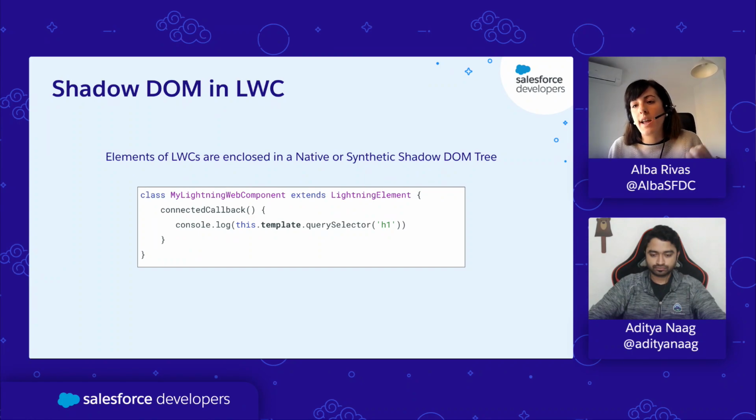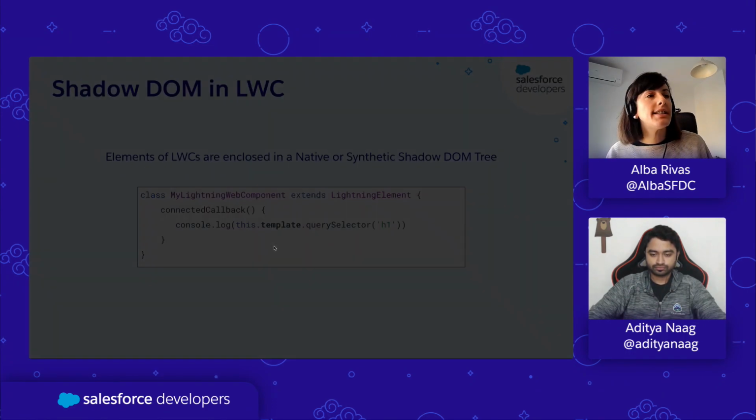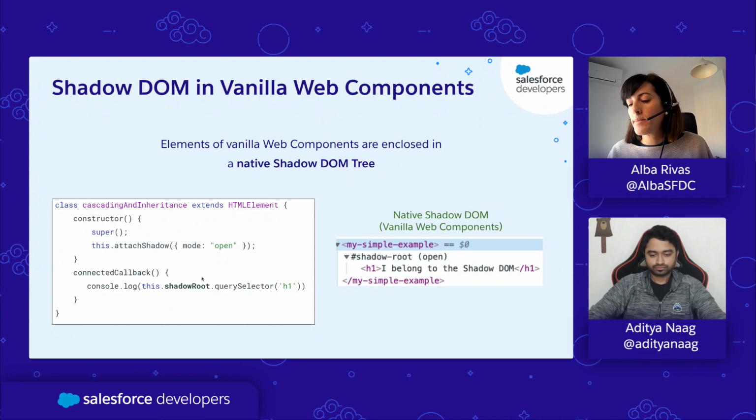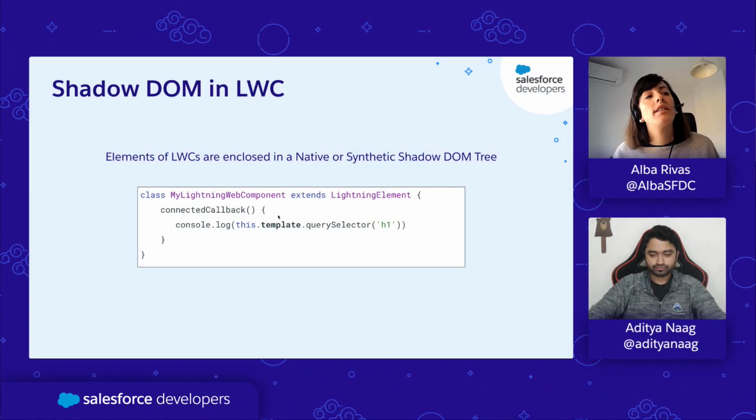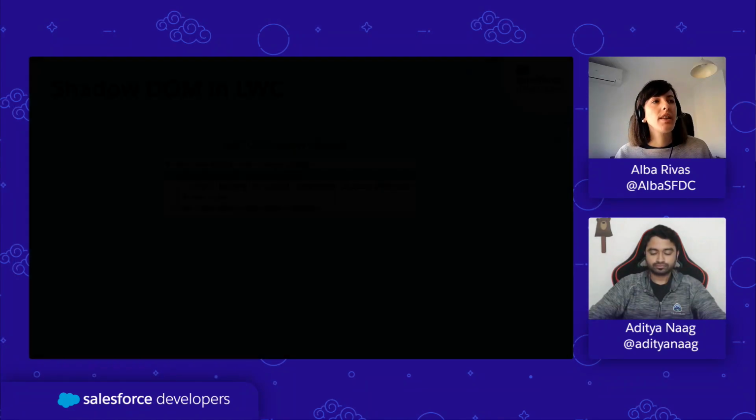You cannot query them with document.querySelector or whatever. You have to use the template property. It's the same as the shadow root property here, but we had to change the name, and you are going to see why in a second, because on the platform we use a synthetic shadow for now, right?